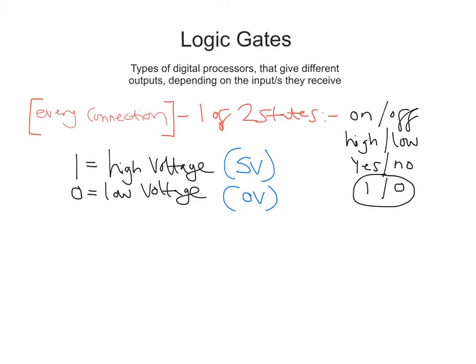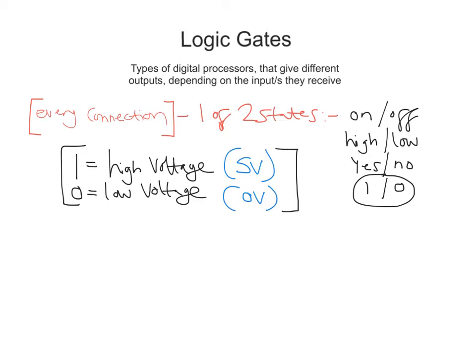Now, the important thing to do is really list all the different combinations of input values that we have when we look at these logic gates. So if we just keep in mind for the moment that 1 is a high voltage, 0 is a low voltage, these inputs and outputs can be in this particular state, either a 1 or a 0, depending on whether it's a high voltage or low voltage output ultimately that we want.